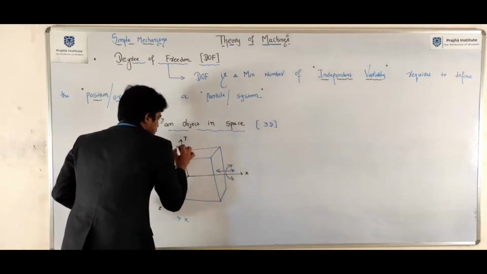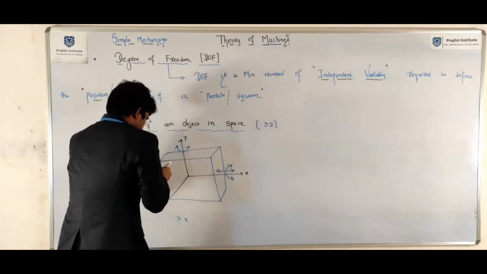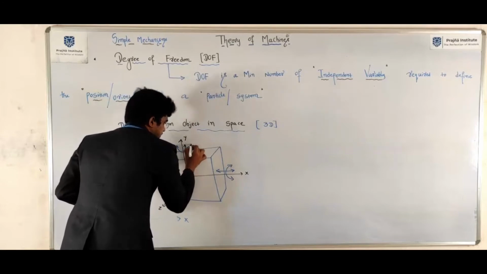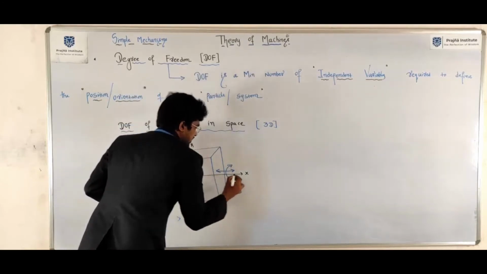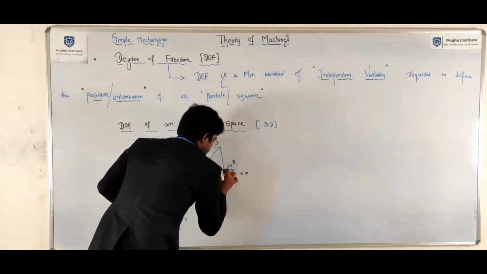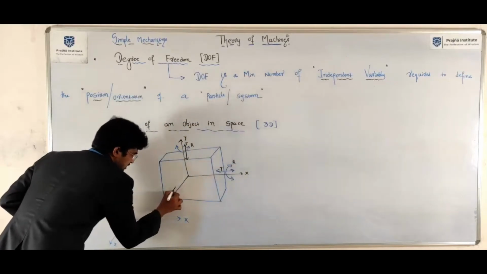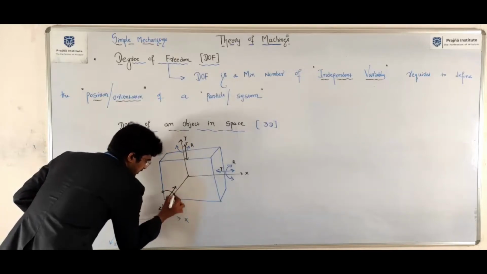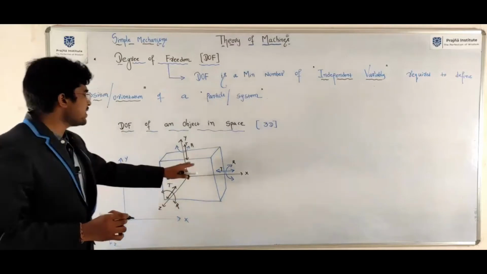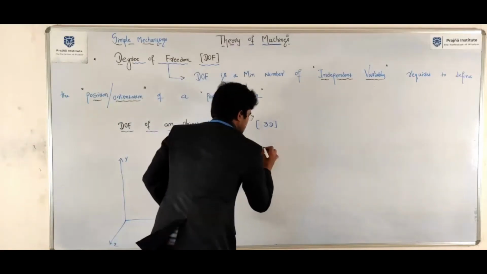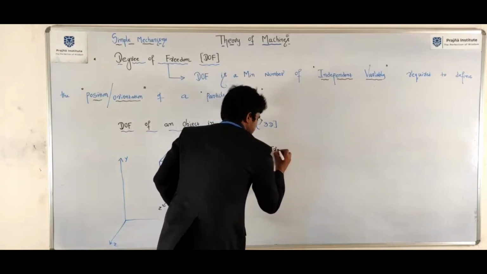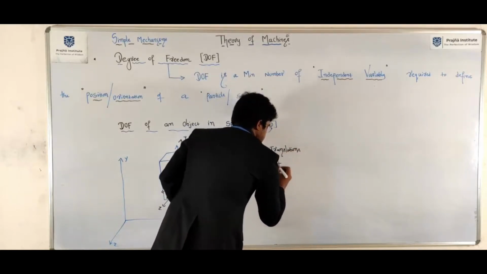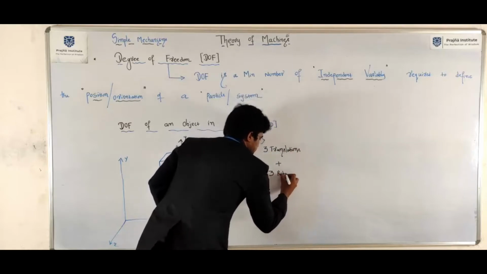Next, free to rotate about the Y axis and free to translate. Here also the same thing: translation and rotation. So how many translations here? Total 3 translations plus 3 rotations.